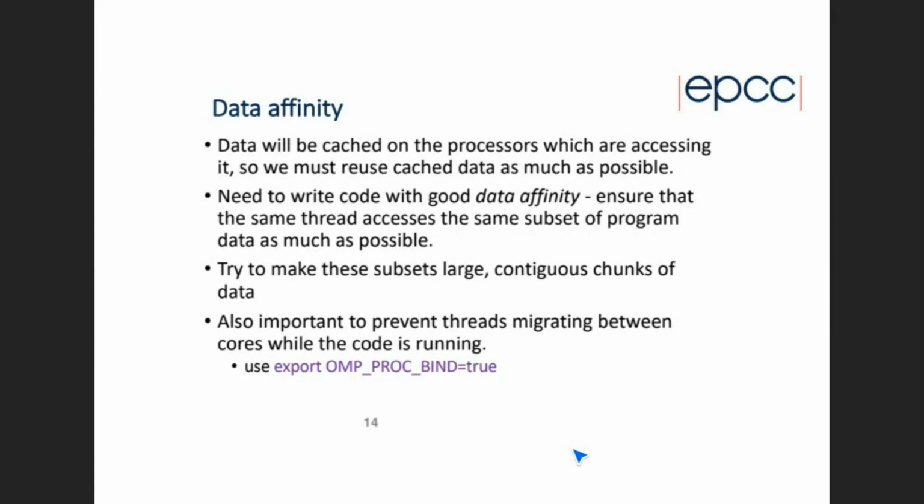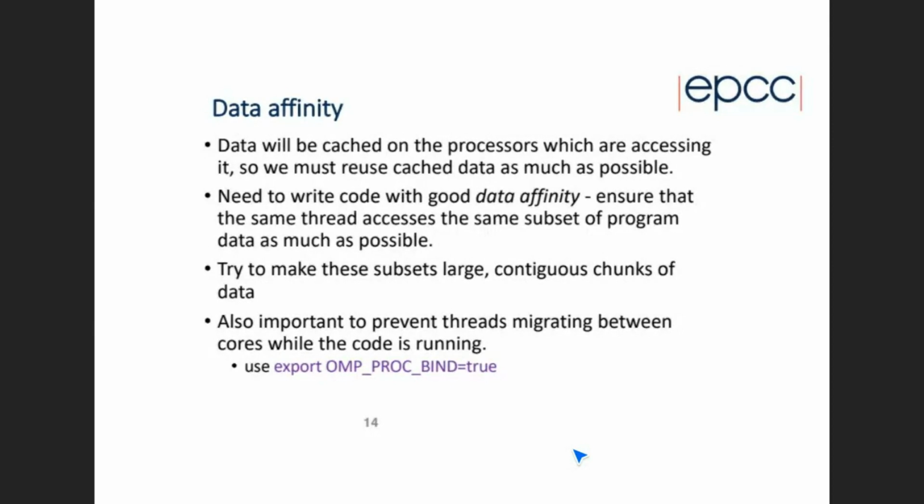This is also part of the reason why, or the main reason, in fact, why it's important to try and prevent threads from migrating between cores while the code is running. Okay. So your operating system is prone to try to move threads around to balance out the load across your hardware.